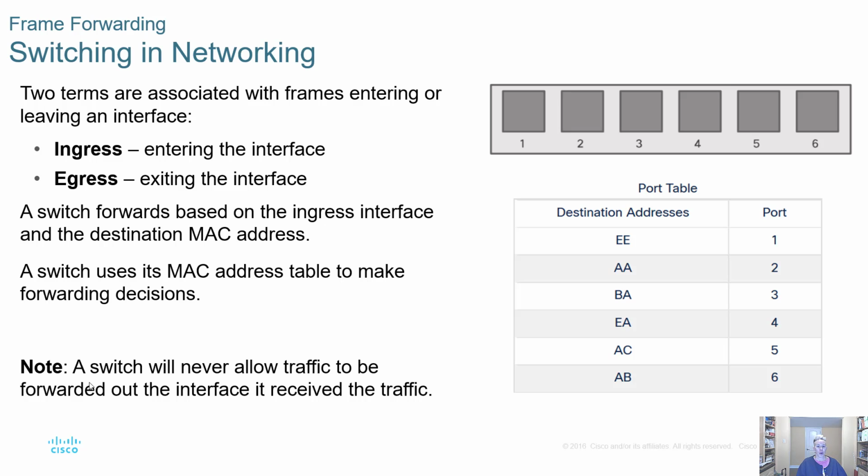So if port F01 receives the frame and it's trying to go to a destination device and it doesn't know what the destination device is, it's going to flood out a broadcast frame trying to learn where it needs to send that frame to, but it will not flood out port 1 because it came on port 1. So it knows that it's not trying to go back to itself.